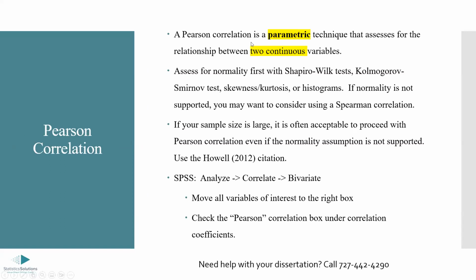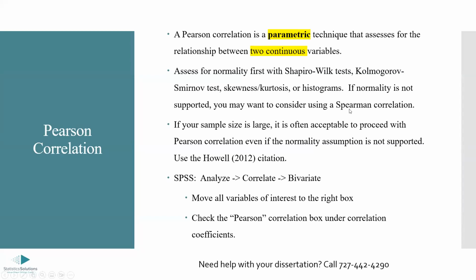Okay, so for a Pearson correlation, again, this is considered a parametric test, and it's used when you have two continuous variables. So the first thing you want to do is check for the assumption of normality. And if it's violated, then you might want to run a Spearman correlation as a backup, or potentially as an alternative altogether. That depends on your committee.